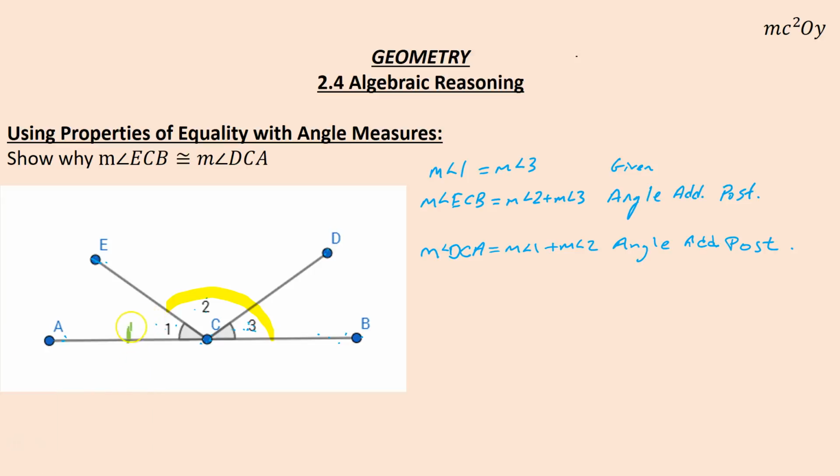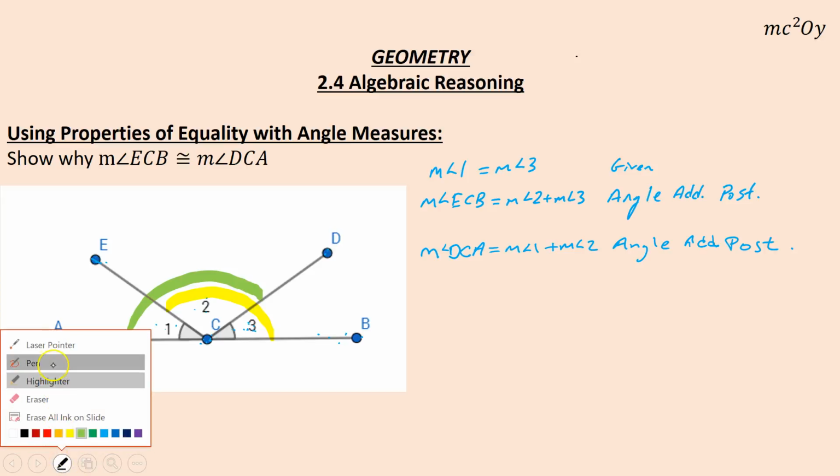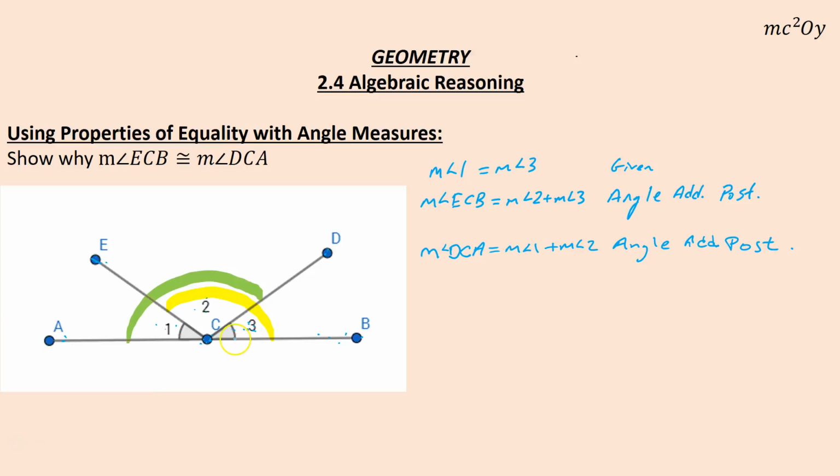Okay, now I have that, so if I use my highlighter and a different color, I can say, well, look, I've said that. Now, what I can also do is look at this and go, look, angle 1 is the same thing as angle 3. Wherever I see an angle 3, I can put an angle 1. All right? And so I'm actually going to do that.